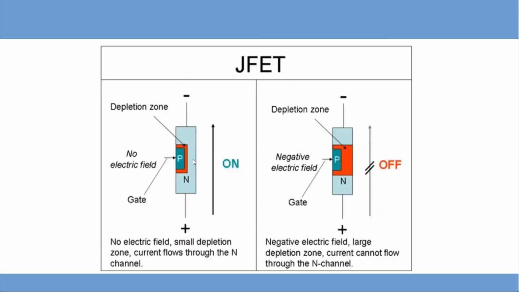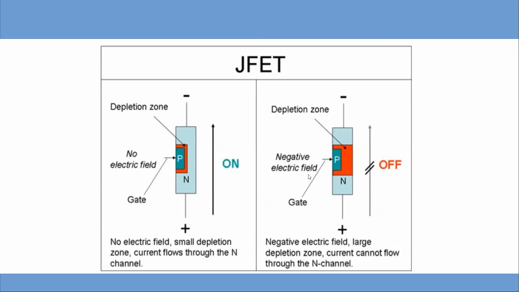This is just another thing showing what we call the depletion zone. Without any field on, and I'm assuming this is an N channel, it's going to conduct current just like a diode.